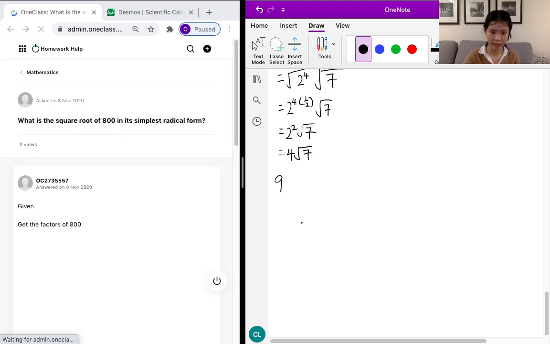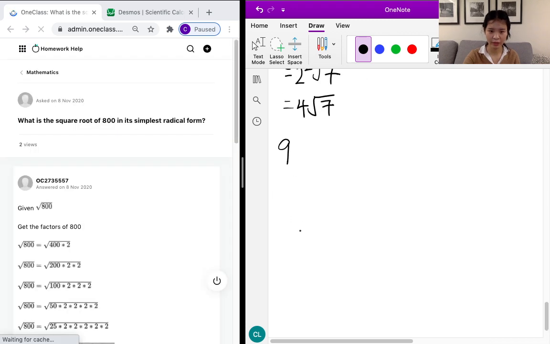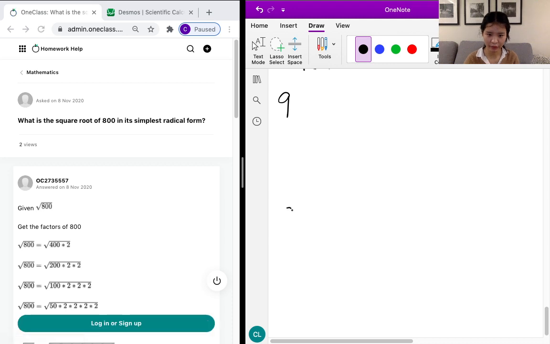The next problem is asking us for the square root of 800 in its simplest radical form. Whoa, 800 is a big number. If we're going to try to find the prime factorization of 800, starting from the smallest number, that's going to take a long time.